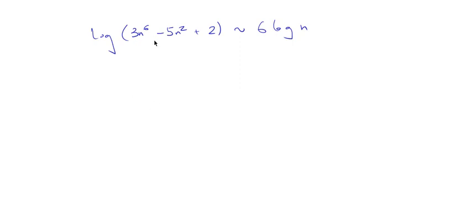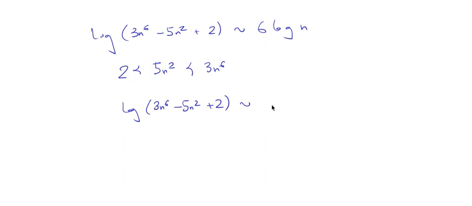Now, the 2 is negligible in comparison with 5n squared, and this is negligible in comparison with 3n to the 6, right? So we can rewrite it like this: the logarithm of 3n to the 6 minus 5n squared plus 2 is asymptotically equivalent to the logarithm of 3n to the 6.